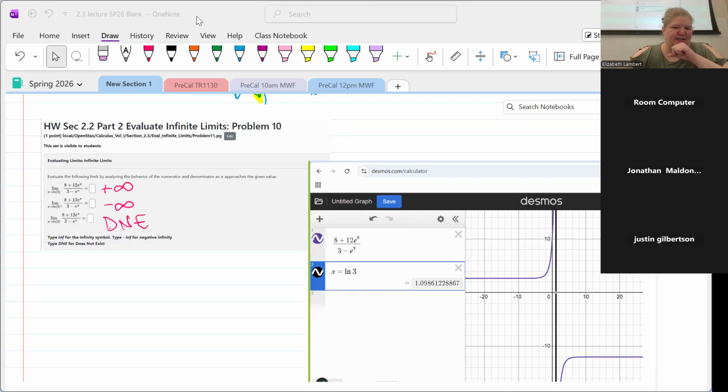All right, so we're going to talk about continuity next and then limits at infinity.